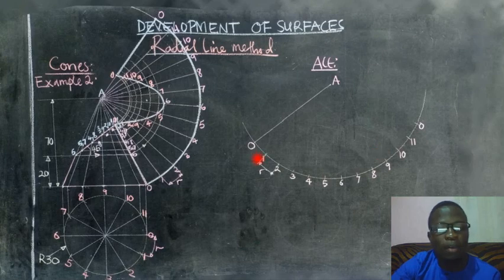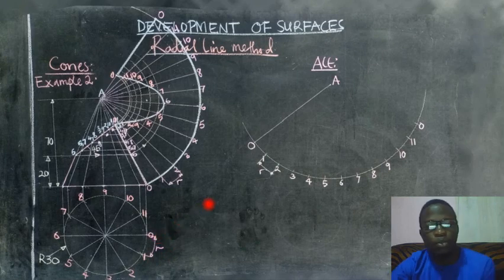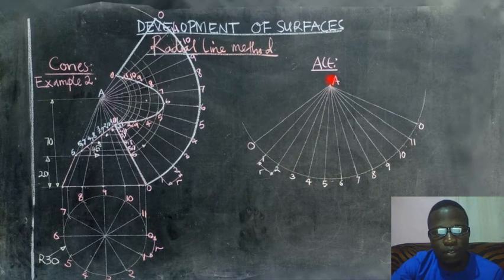Still I'm emphasizing that the small arc radius to make these divisions is picked from the circle here. So that is a very important aspect. What do we do next? We join our lines to form the cone, as you can see it there. This is the development for the cone, assuming it wasn't cut.